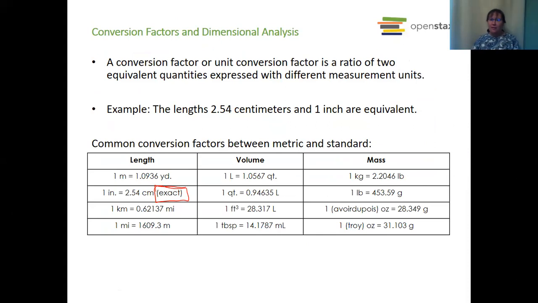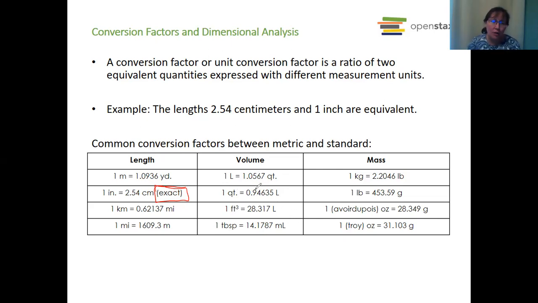I feel like this chart, while very complete, is actually missing a pretty important one. So come back to your notes for this and let's add something that'll make things a little bit simpler, I hope. Okay, so you notice here that you have liters to quarts, quarts to liters, cubic feet to liters, and tablespoons to milliliters of all things.